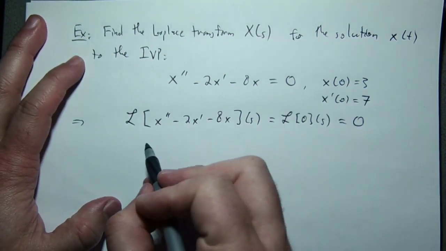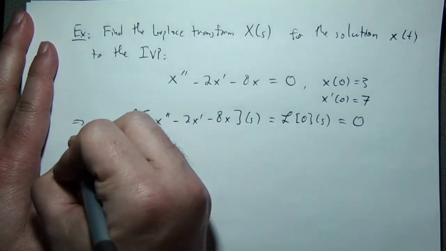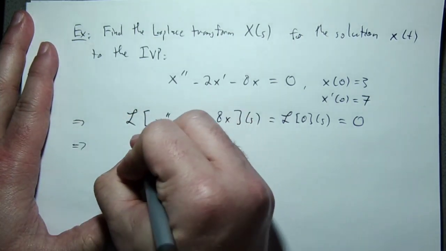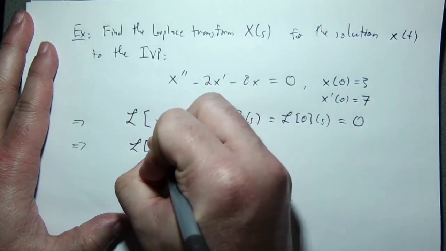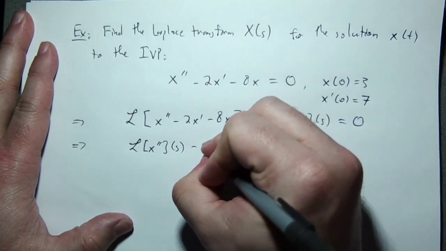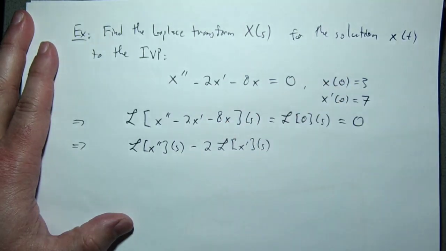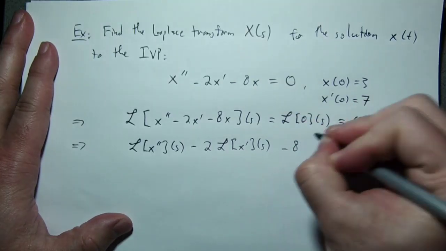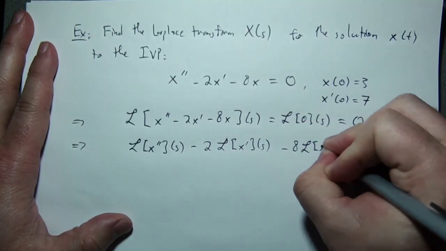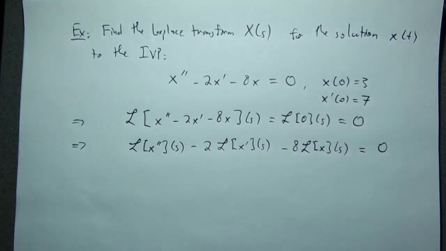So here, I want to use the fact that the Laplace transform is linear. What this means is that I have L of x double prime of s minus 2 times the Laplace transform of x prime of s minus 8 times the Laplace transform of x of s, and that is equal to 0.